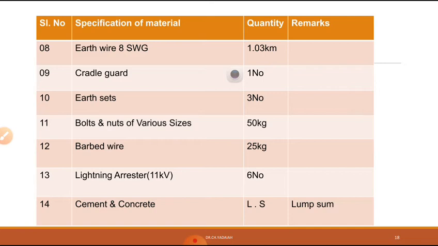How many poles, cross arms, pin insulators, shackle insulators, how much aluminum conductor phase wire, how many GI wires, stay sets, earth sets, danger plates, and if required, barbed wire. Bolts and nuts, all the quantities we already know, and we made one table in the schedule.